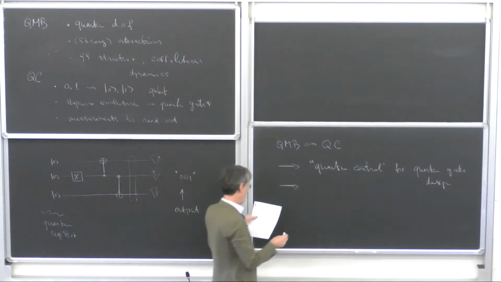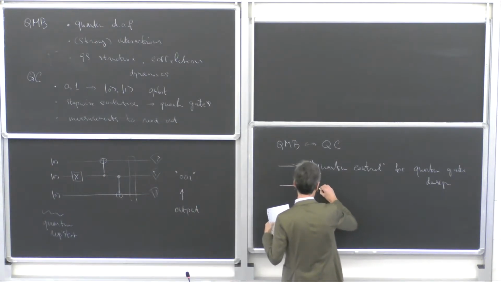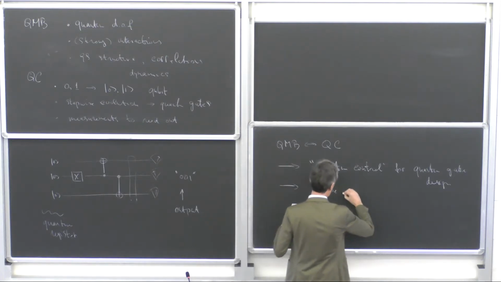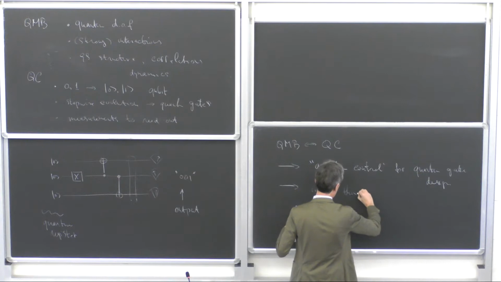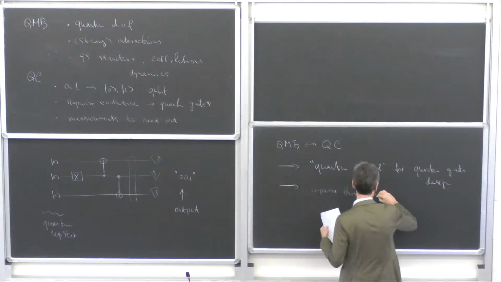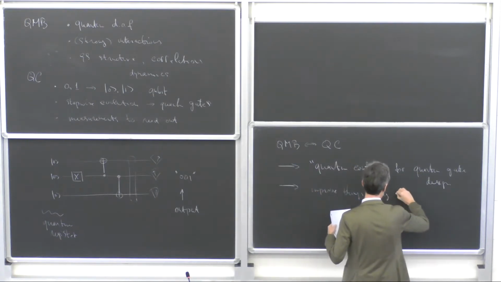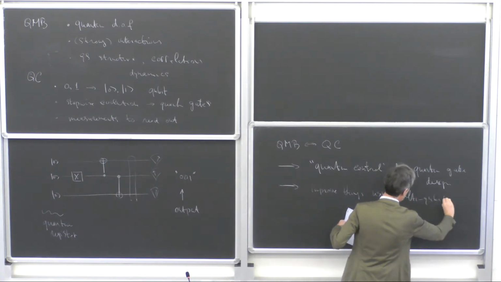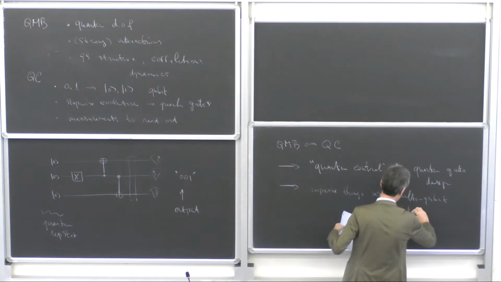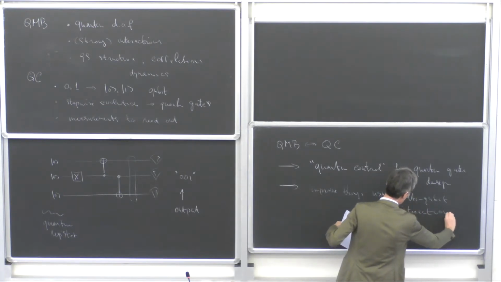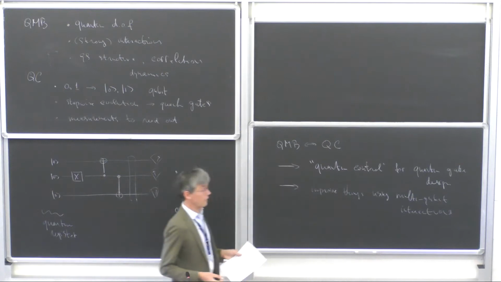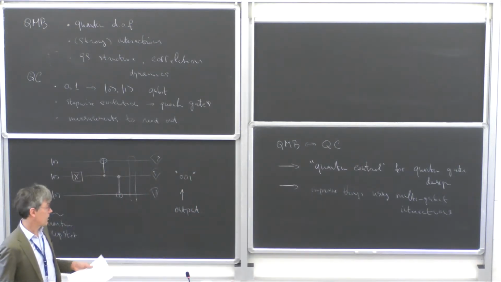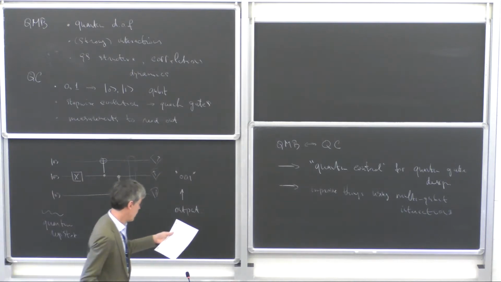So you can try to improve schemes depending on what hardware you have in mind, using multi-qubit directions. And again, if you go in that direction, you need more and more sophistication in controlling many-body interactions and see what they do for you.